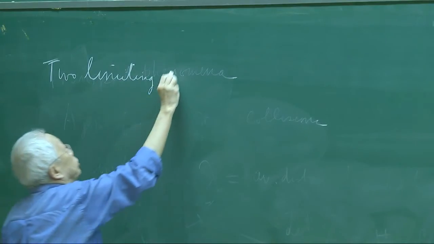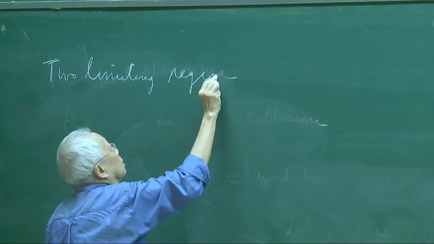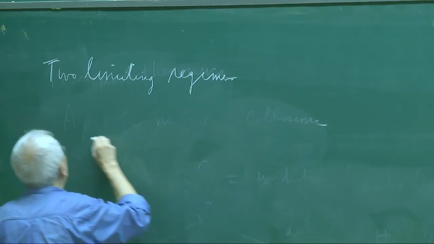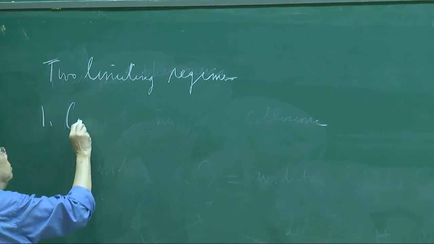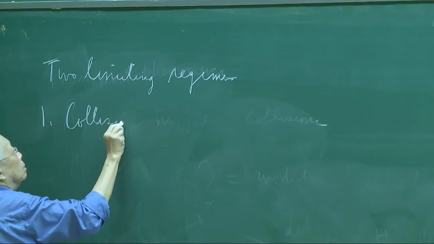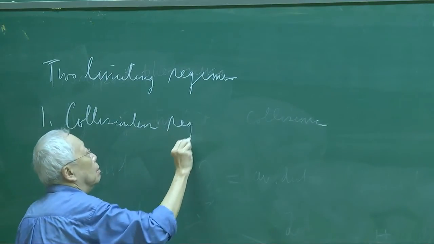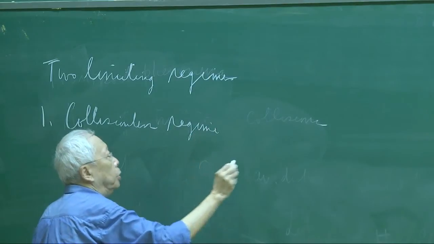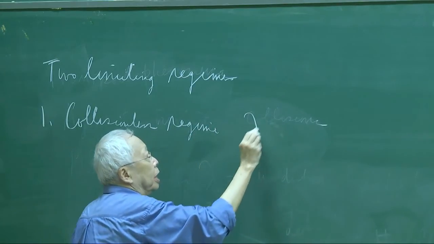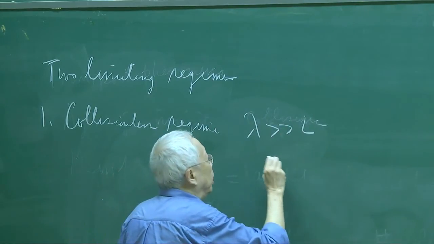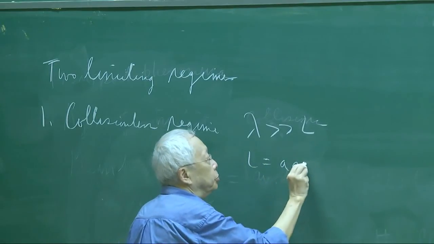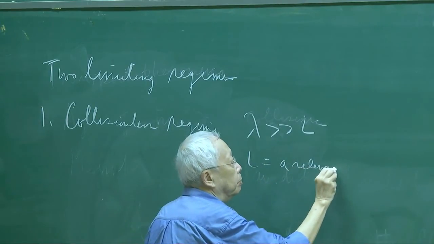One is called the collisionless regime, in which lambda is much greater than L, where L is a relevant dimension in the problem.